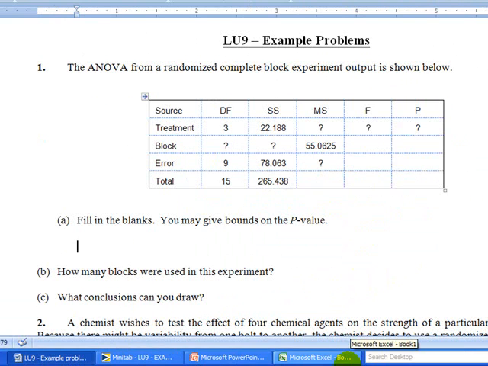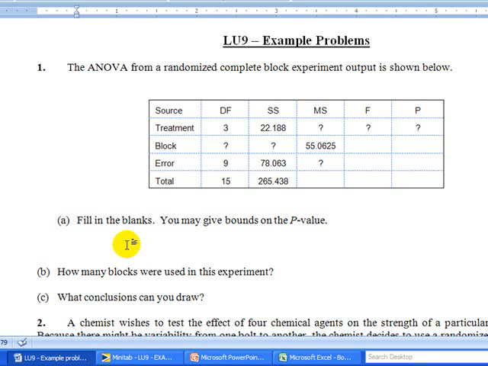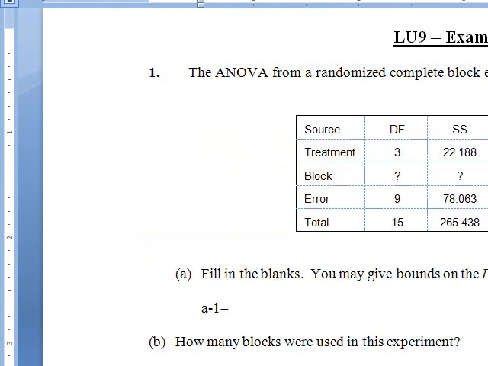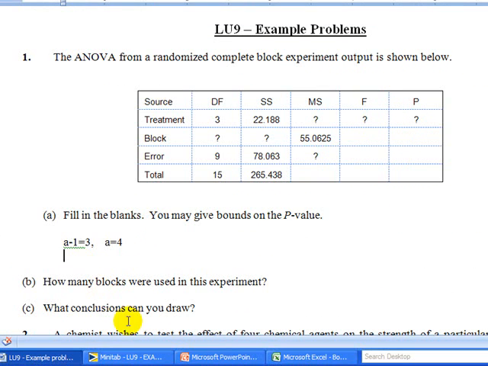Degrees of freedom for the treatment is a minus 1, right? So a minus 1 is equal to how much? 3 here, right? 3. That means a is equal to 4, right?